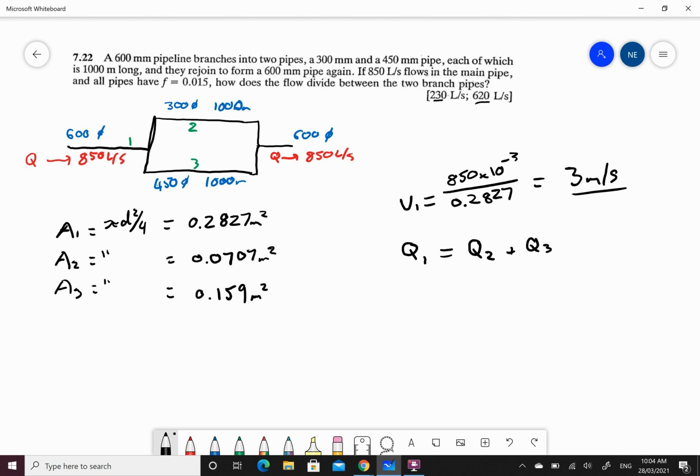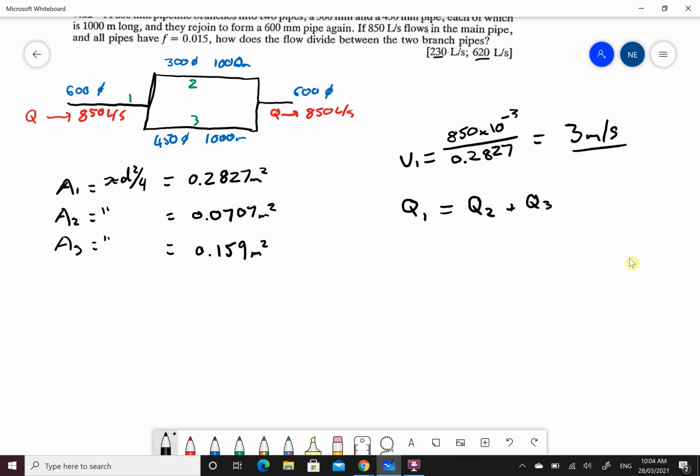If I break these down again, my Q1, my 850 litres per second, my 0.85 meters cubed per second, is equal to V2 A2 plus V3 A3, because Q is V times A. So I'm just breaking these down into a more detailed formula.